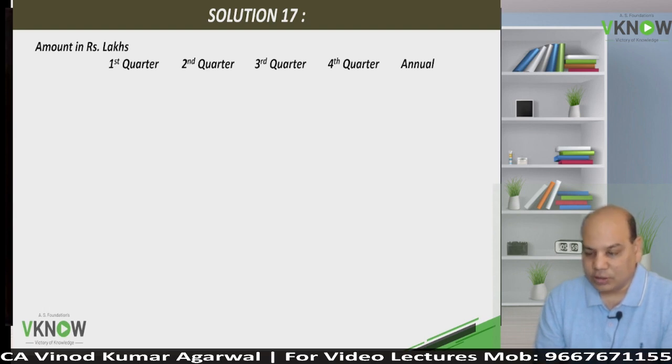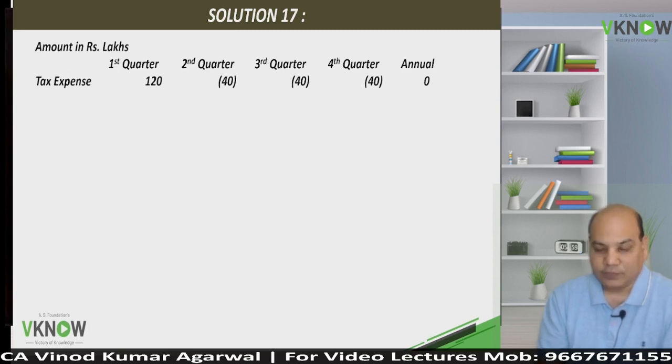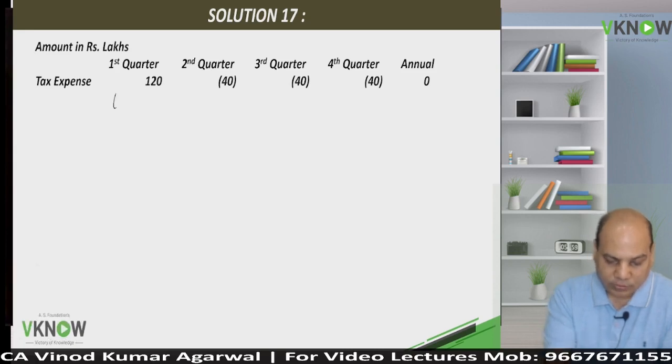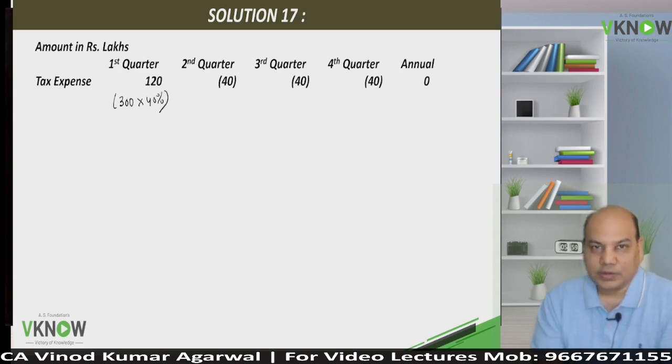So these are my 4 quarters, and my income is 300 in the first quarter, 100 losses in each of the other quarters, and my weighted average tax rate is 40%.